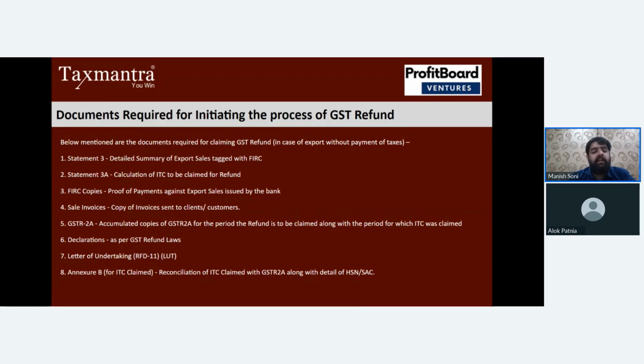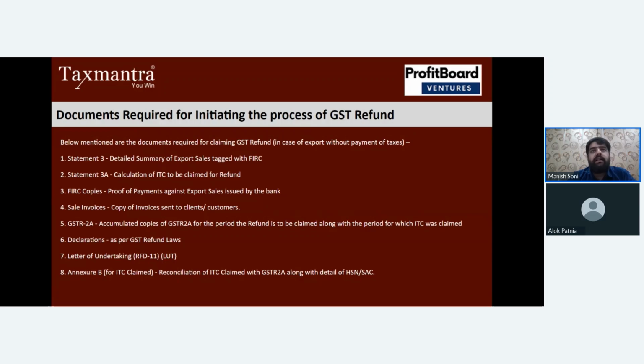Then the 8th document is Annexure B. Annexure B is basically a detailed summary of inputs that you have availed and for which you are actually taking the refund from the department. And that has to be reconciled with GSTR2A, and you have to give a declaration in another column whether this amount is available on 2A or not.